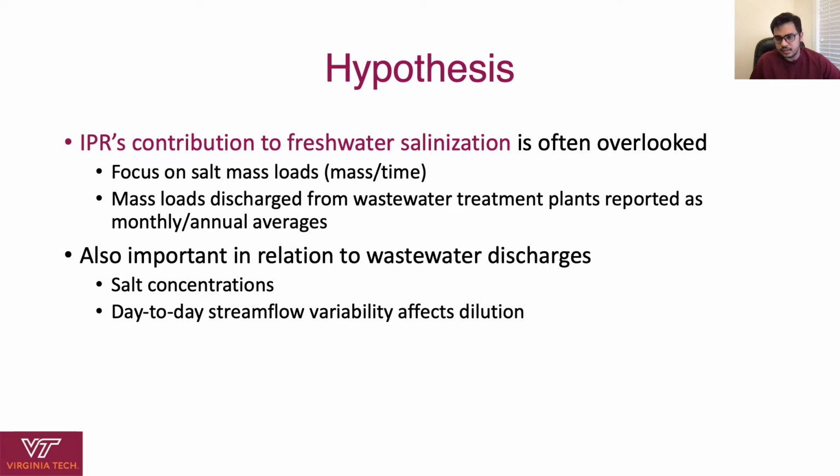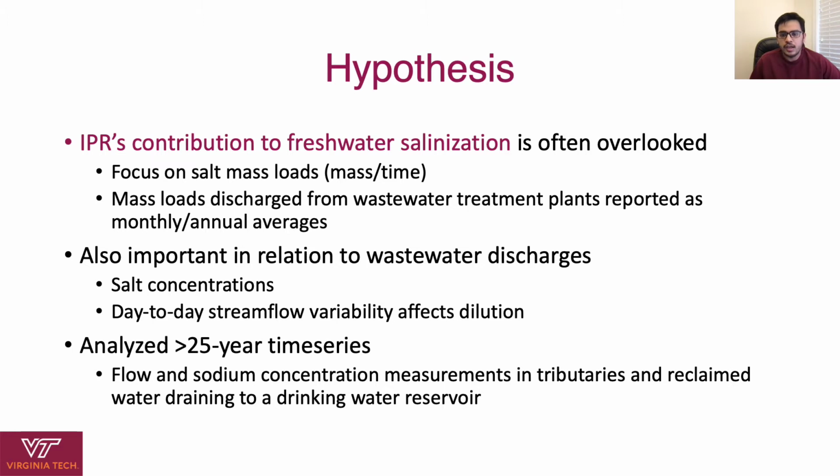Also important is the day-to-day variability in stream flow that can strongly influence the dilution of wastewater discharges in our freshwaters. Here we test this hypothesis by analyzing a 25-year time series of flow and measurements of sodium concentration in tributaries and in the reclaimed water that collectively drain to a drinking water reservoir.